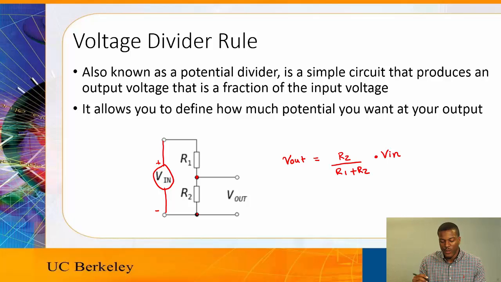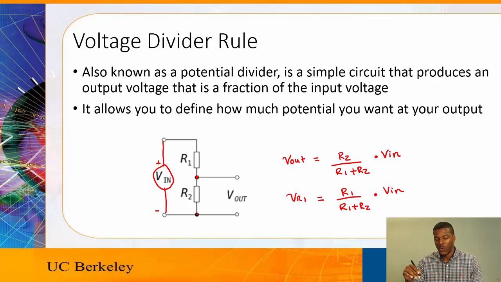If we wanted to find the voltage across R1, so VR1, the equation would be R1 over R1 plus R2 times Vin. So essentially, the voltage divider rule is just the resistor that you want the voltage across on the numerator over the sum of the resistors times the input voltage.